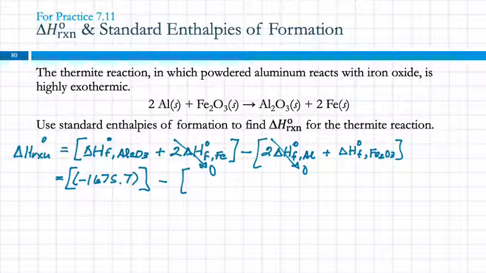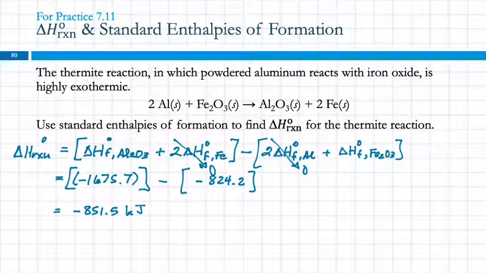And then we need the heat of formation of Fe2O3, which is negative 824.2. So I have negative 1675.7 minus negative 824.2, which is minus 851.5. And that would be kilojoules.